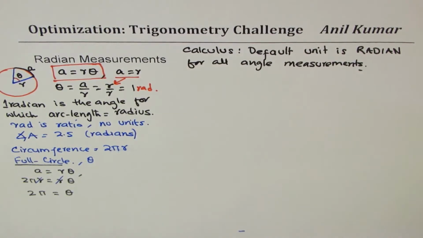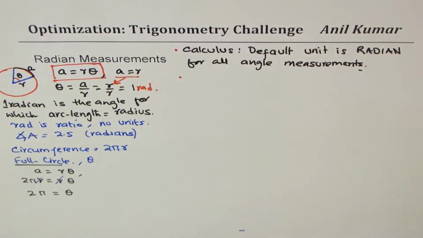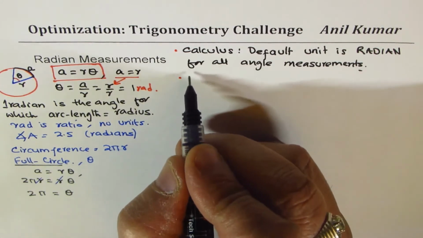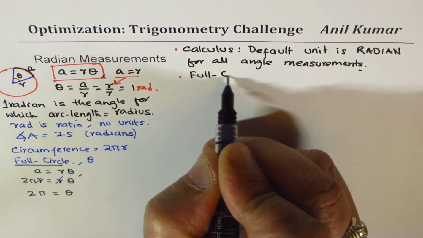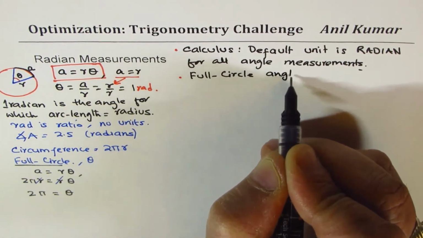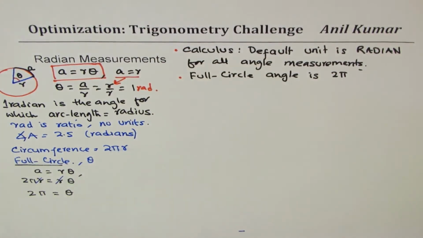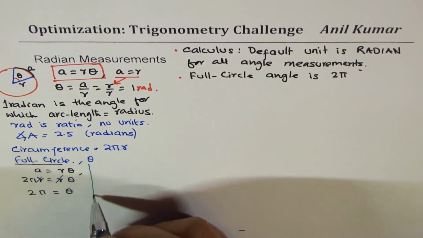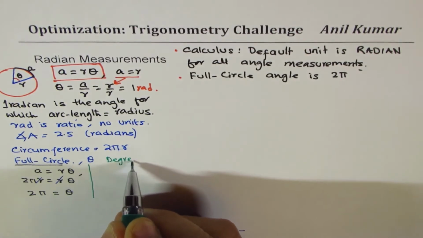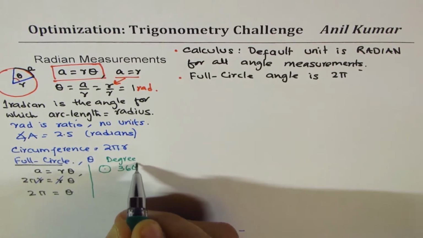Okay. So one thing important in calculus, we always use radians. Second, what we just found is that the full circle angle is 2 pi. Correct? Now, in case you are working in degrees, what you learned is that the full circle is 360 degrees, correct?